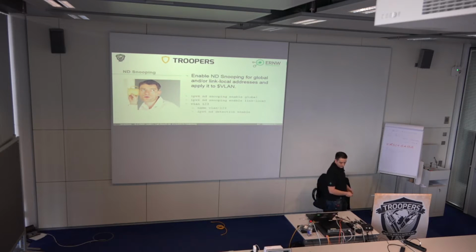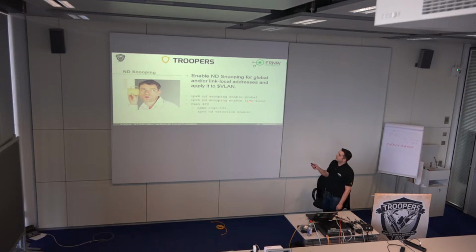So the next feature is ND snooping. You do have the possibility to define whether you want to enable ND snooping for link local and/or global addresses. We have to specify this globally once.